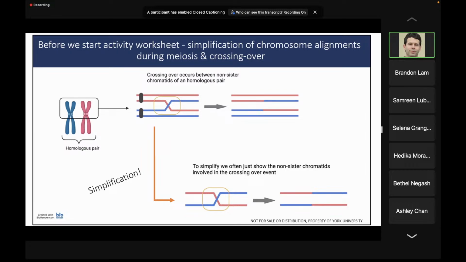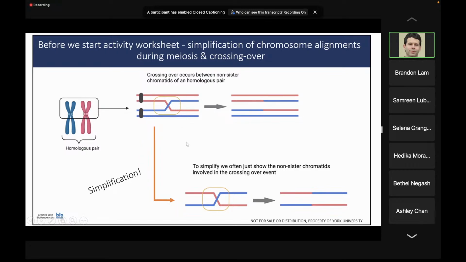They undergo recombination. It's not really a swap. There's a cut in the backbone and a linkage that happens. So crossing over, or recombination, is a cut and a ligation.